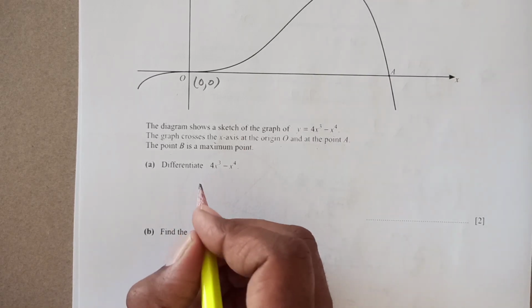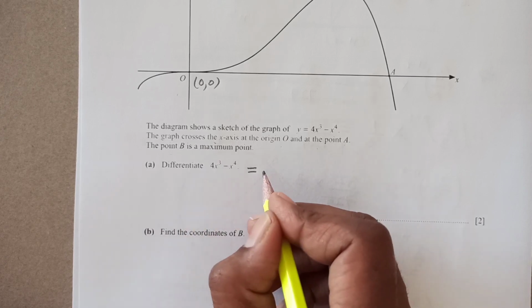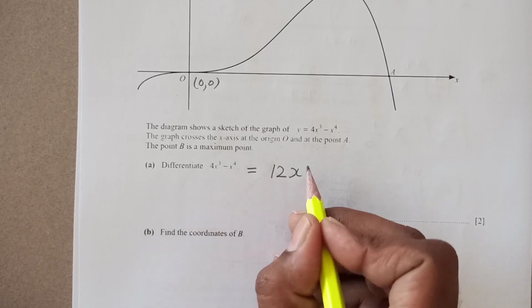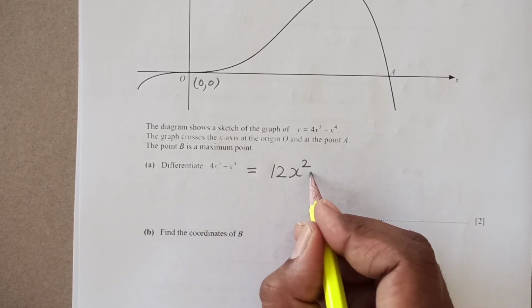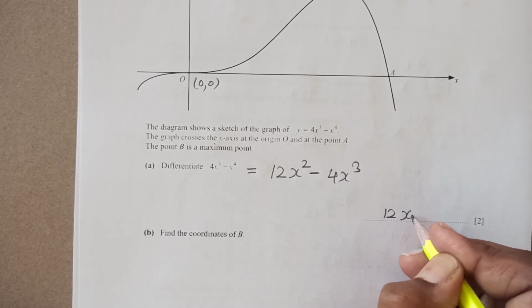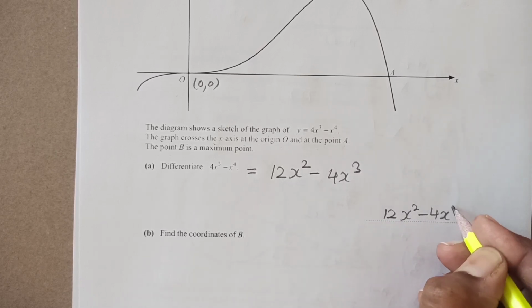Differentiate this. When you differentiate, this becomes 4 times 3, that is 12, x power 3 minus 1 is 2, minus 4x cubed. So dy over dx is 12x squared minus 4x cubed.